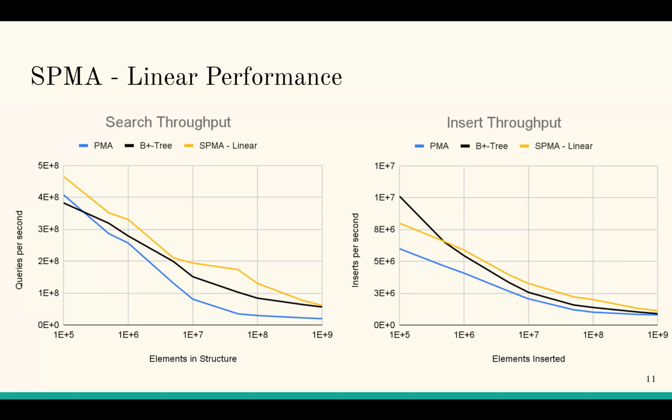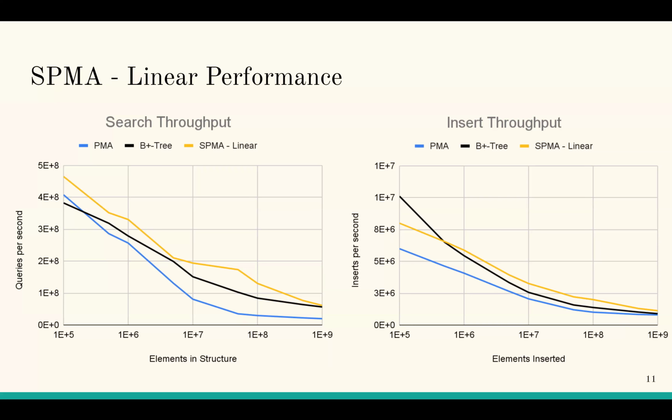What we see is across all ranges of sizes, for searches, this optimization that we have performed with moving the heads to the side has allowed the search optimized PMA to outperform B plus trees, which again have this asymptotic benefit over PMA, even over the search optimized PMA, across a range of sizes of the structure.